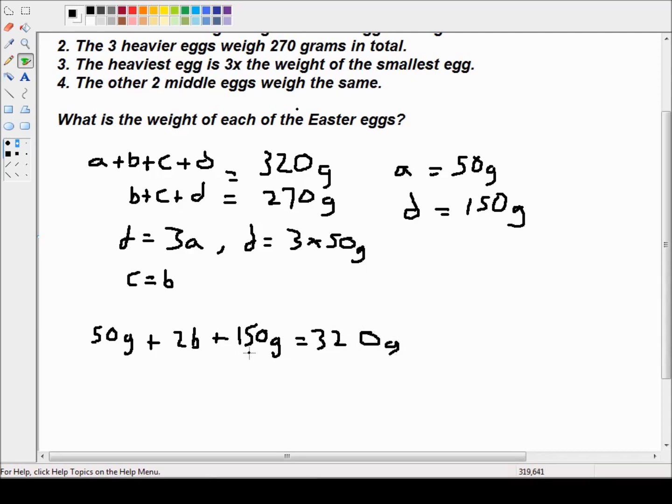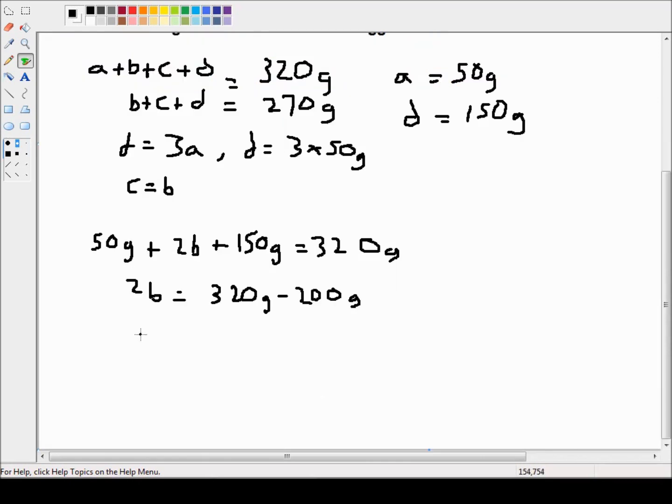Well, 50 grams plus 150 grams is 200 grams. So 2B is equal to 320 grams minus the known weights, which is 200 grams. So 2 times B is equal to 120 grams. So B is equal to 60 grams.